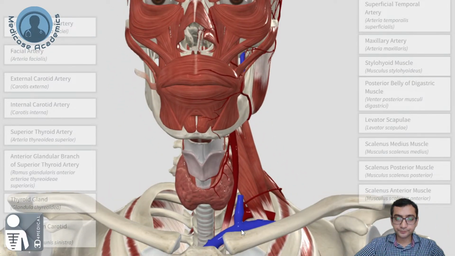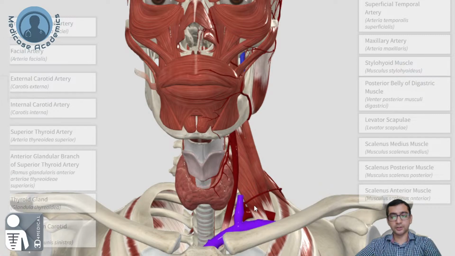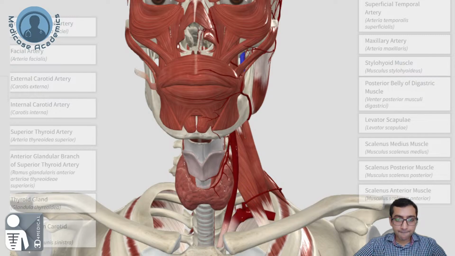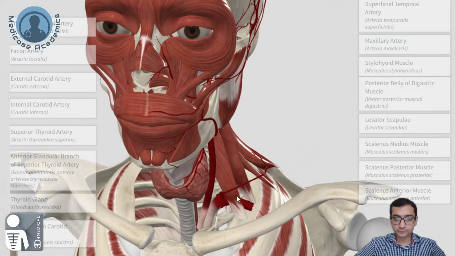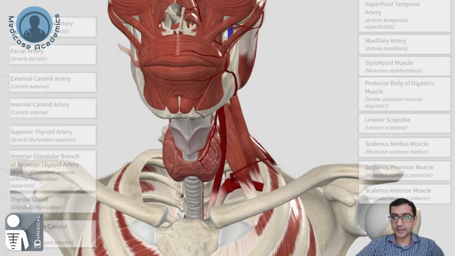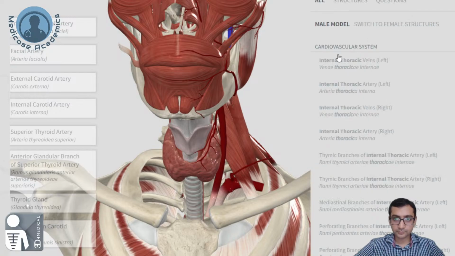I will have to add them one by one. I hope you can stay with me during this. Let's add the internal thoracic artery.